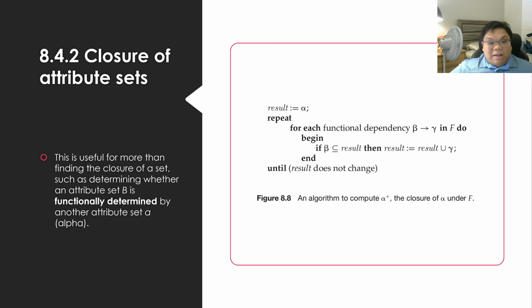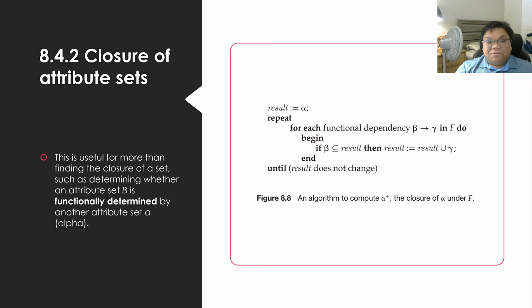There's another algorithm out there that lets us determine whether an attribute set B is functionally determined by another attribute set alpha. So like with the last one, we are going to set the result, which is alpha plus, to that of alpha. And we repeat this.